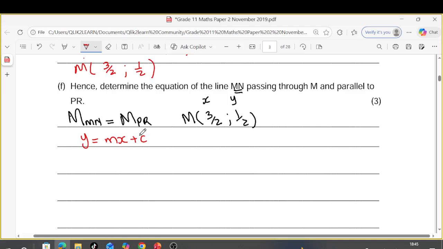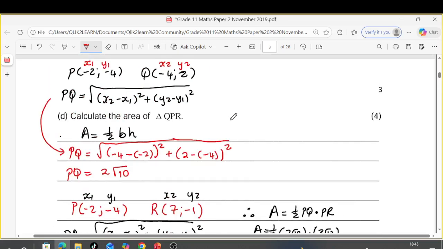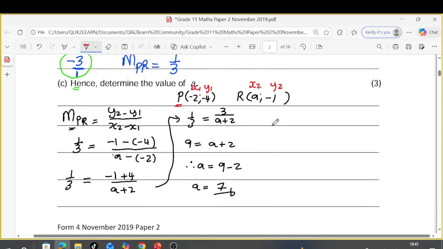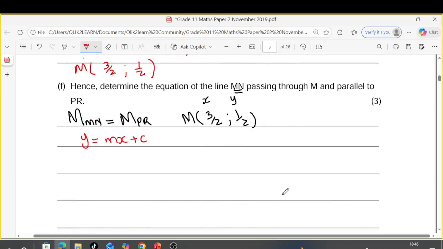We already have the gradient. Remember, we calculated the gradient of PR, and these two are equal. Do you have the gradient of PR? Yes. We calculated the gradient of PR as 1/3. So where there's m, we're going to substitute 1/3. This becomes y = 1/3 x + c.